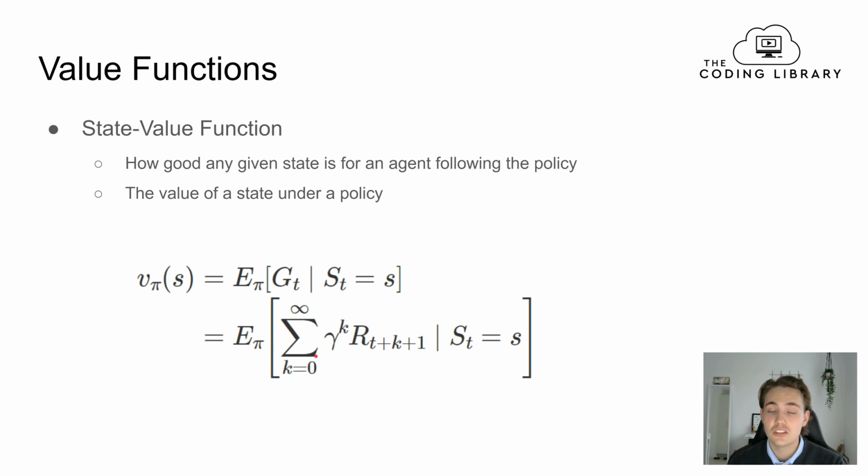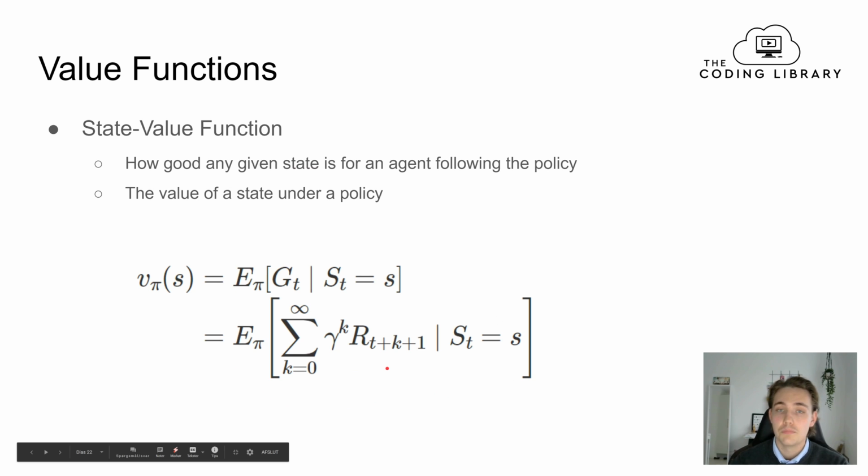It's just a summation of all the discounted returns for a given state that we're in, because the state value function describes how good any state is for the agent following the policy. So this is the estimated expected return for a given state that we're in.